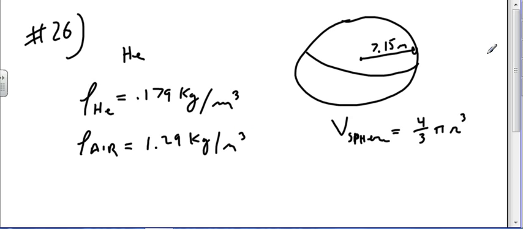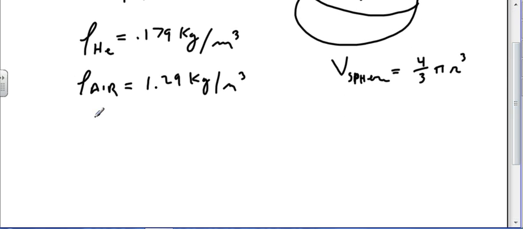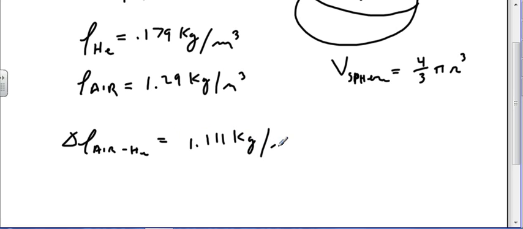All right, so the difference in those two, the change in rho between air and helium. All right, where's my calculator? There's my calculator. 1.29 minus 0.179. That's 1.111 kilograms per meter cubed.